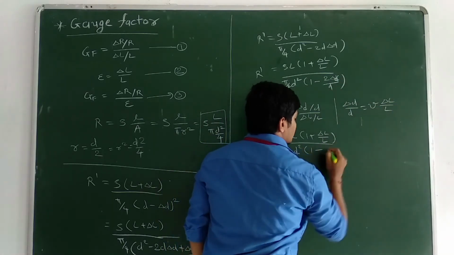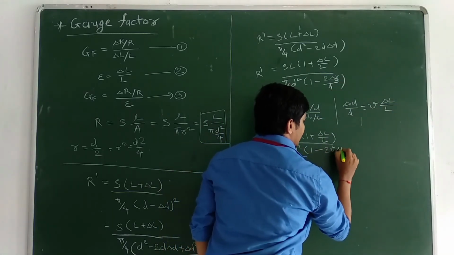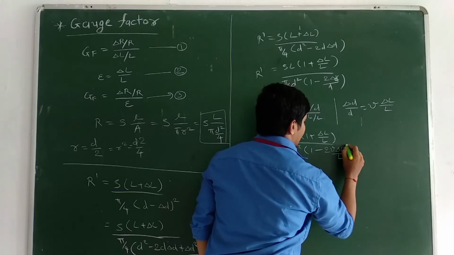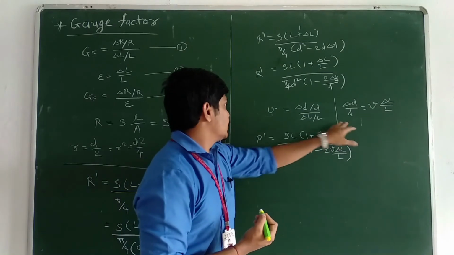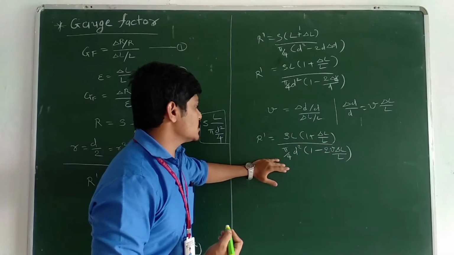That is this value. So twice V delta L divided by L, right? So this is how we can put the value of the Poisson's ratio inside our resistance equation.